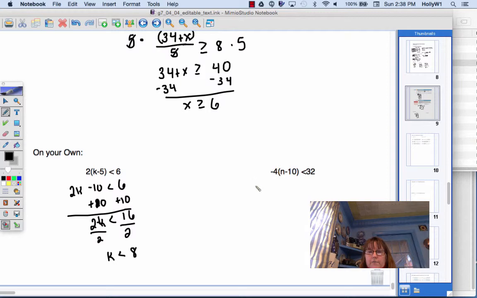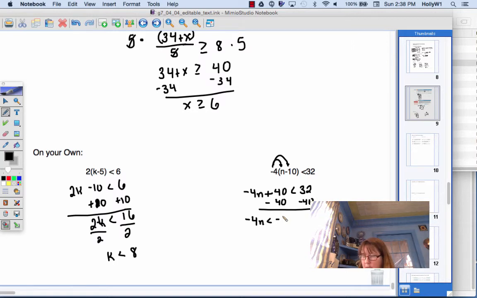Over here, negative 4 distributed. So negative 4n, and negative 4 times negative 10 gives me 40, is less than 32. I'm going to subtract 40 from both sides, and I end up with negative 4n is less than negative 8.